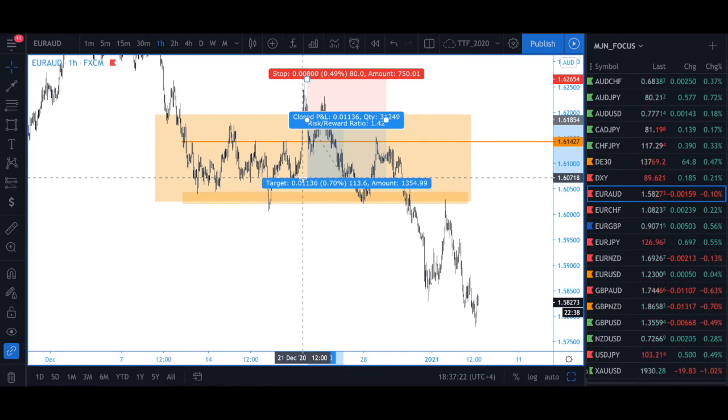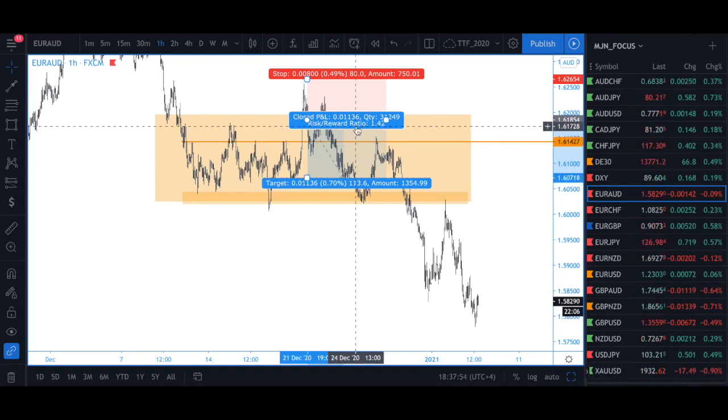Now, we do tell our students and teach our students to at least keep their risk reward levels above 1.5 or 2, and ideally you want to keep them above 3, because what that helps you to do is you can actually lose more trades than you win, but you can still remain profitable. It all comes down to risk and reward. So that's one way of calculating your stop and TP levels.